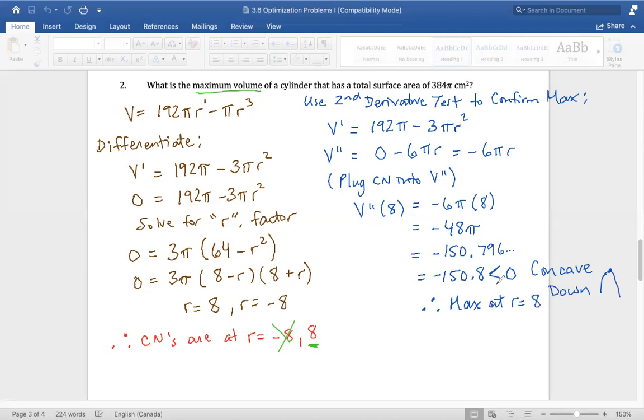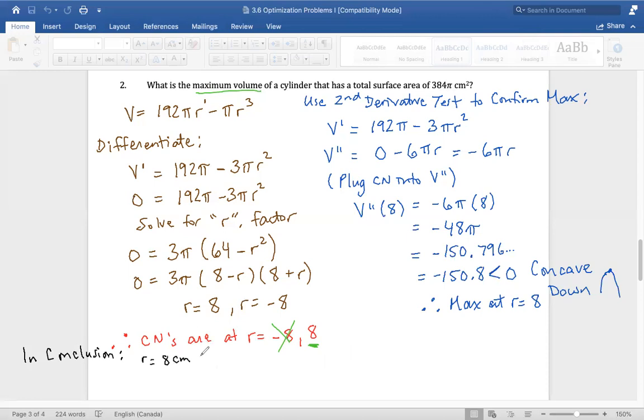So now, what is the maximum volume? I need to plug that radius of 8 into my volume formula in conclusion then, right? Hopefully I can fit that all underneath here. I guess I'll start over here and kind of work my way to take up all the space. So in conclusion, my R is 8 centimeters.